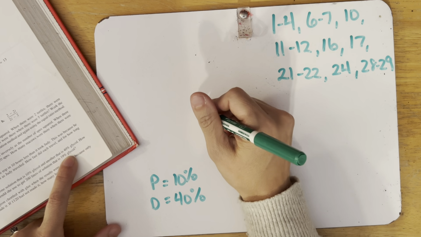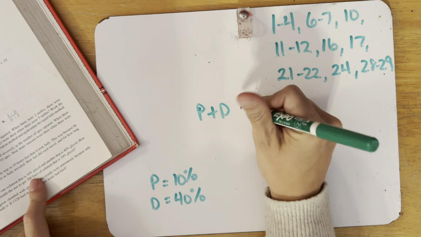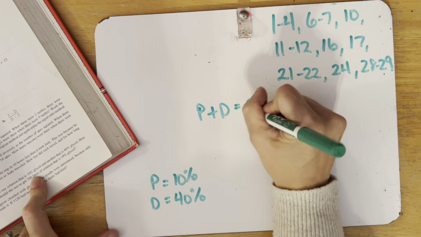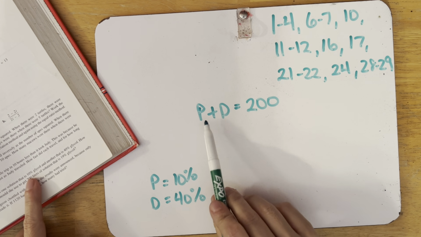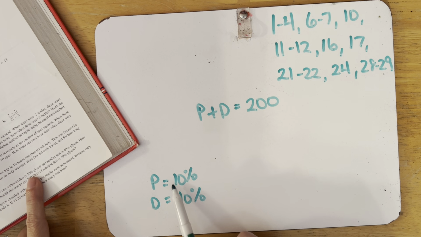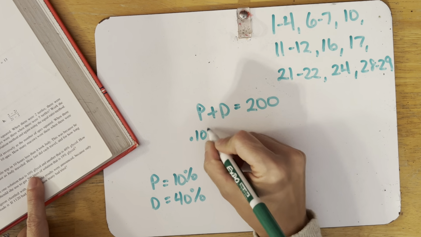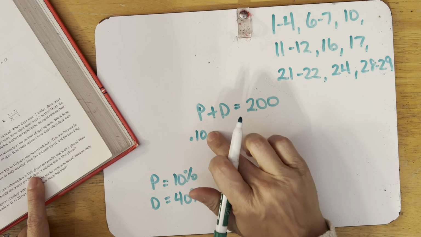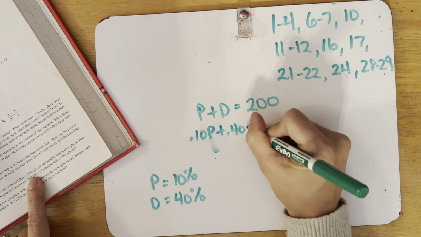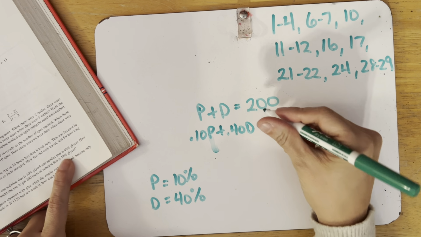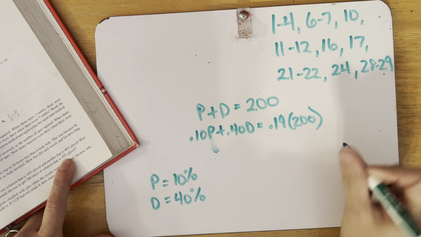Now, my first equation, if I put together P plus D, I'm going to get 200 liters. Now, my second equation needs to involve the percentages.